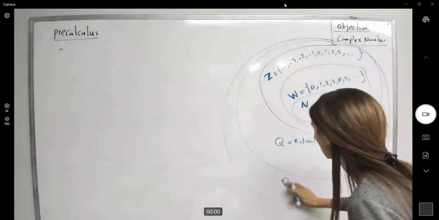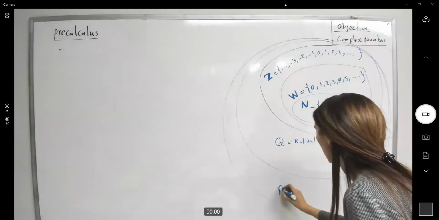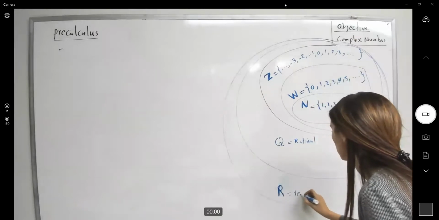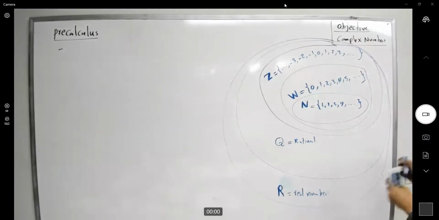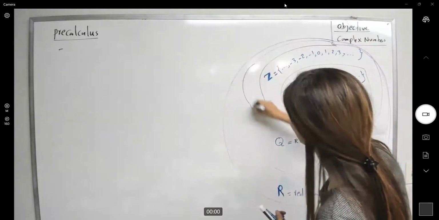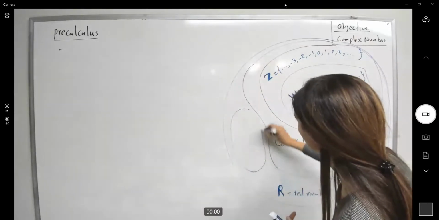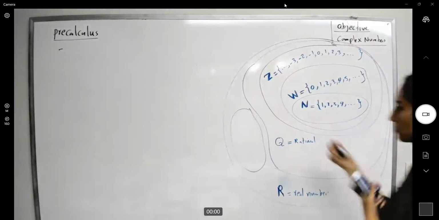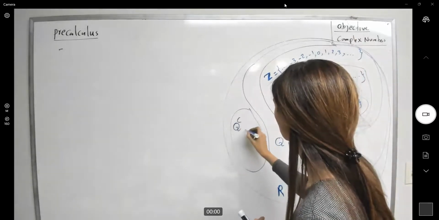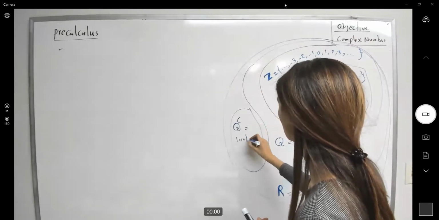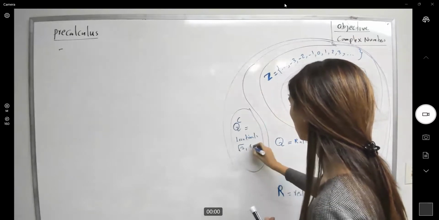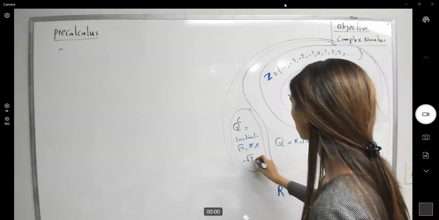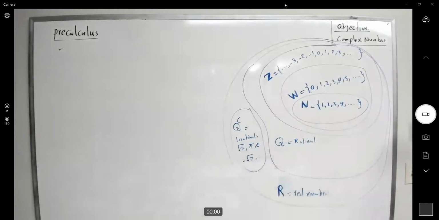Along with Q complement, we get your R, real numbers. Irrationals are like square root of 2, pi, Napier number, negative square root of 7, and so on. So all of these are included in real numbers.